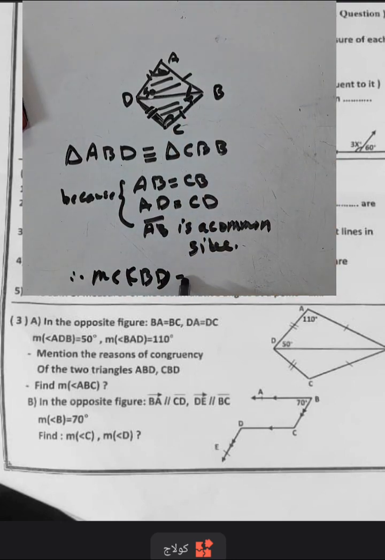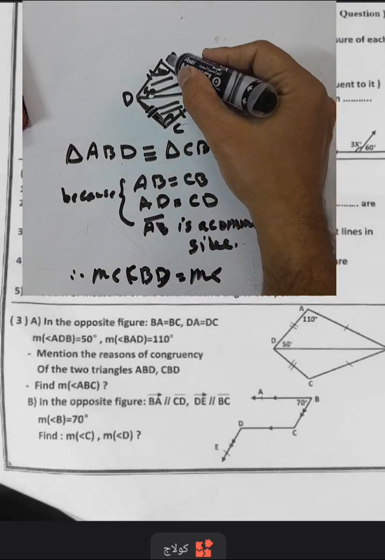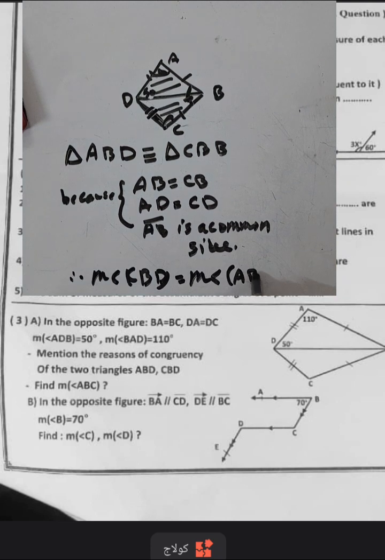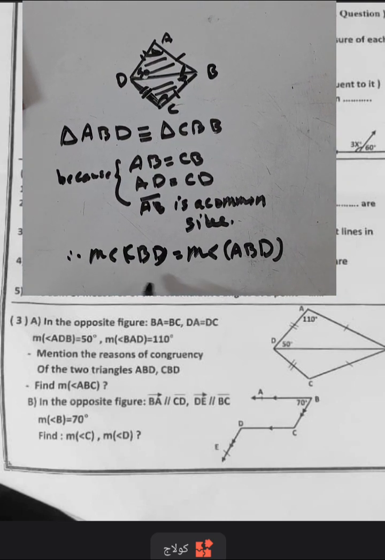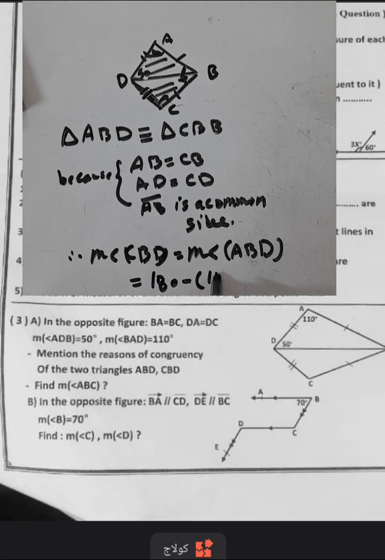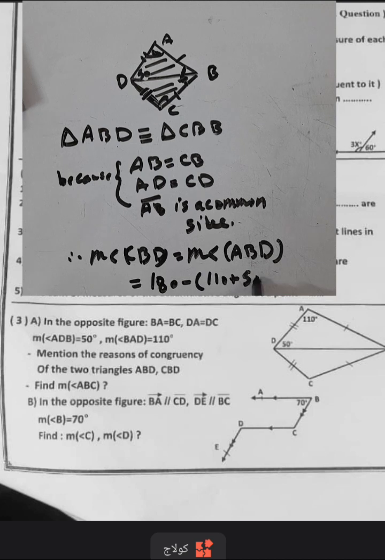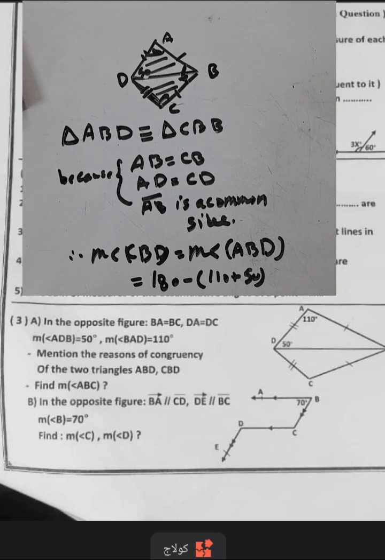Its measure equals the measure of angle APD, equal to 180 subtract 110 plus 50. The result will be 180 subtract the sum of them, 160. The result will be 20 degrees.